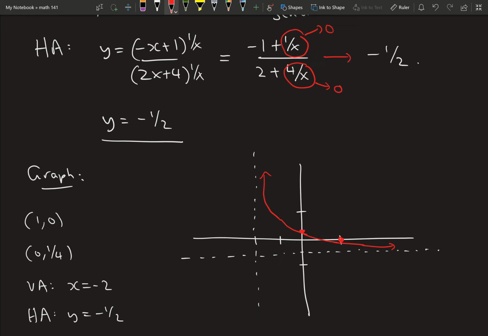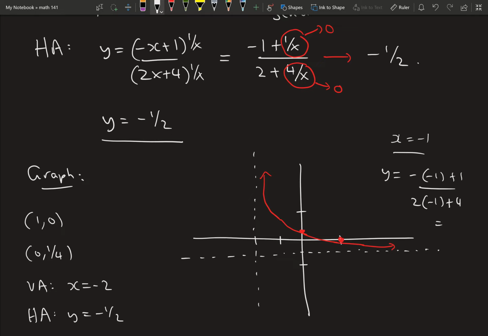I guess if you wanted to, you could plug in one or two more points if this is not clear. So just to be kosher, what if we plugged in like -1? What would we get? We would get y is equal to negative (-1 + 1) divided by 2 times -1 plus 4. And what would you get?